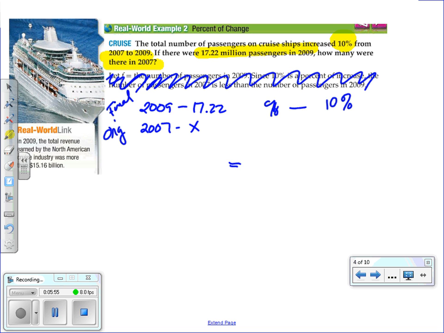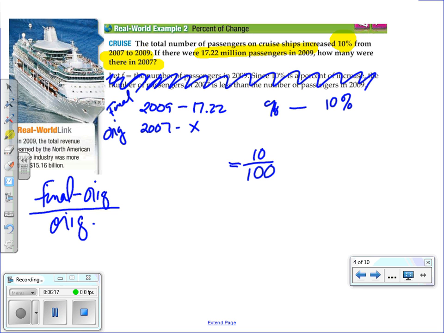Now let's set up our problem. 10% written as a ratio is 10 over 100. Now, we're going to remember we're doing final minus original. Final minus original on this side over the original.